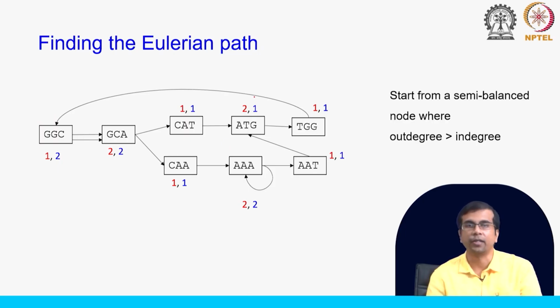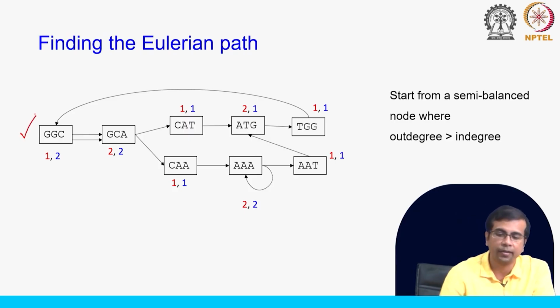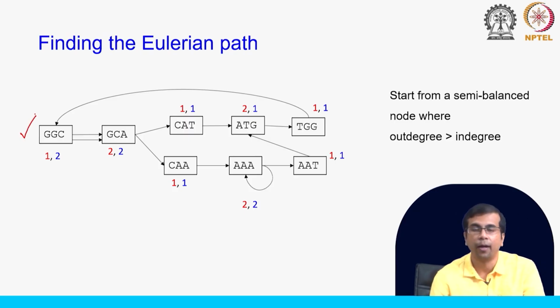Usually we start from a semi balanced node where out degree is greater than in degree, because that is where we will have an extra outgoing edge. In this case it is this node here, which is semi balanced, and its out degree is greater than its in degree. So, we start here, and as we traverse this edge, we are getting the reference sequence. Remember, each edge is a k-mer.